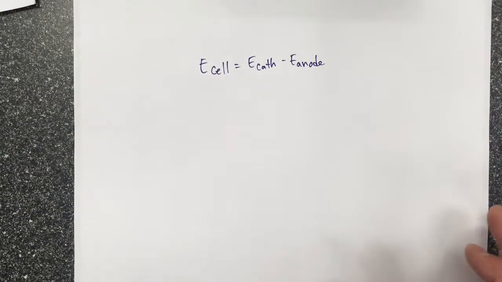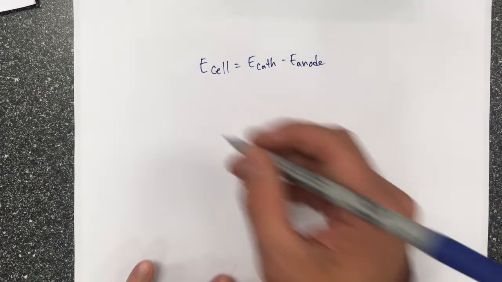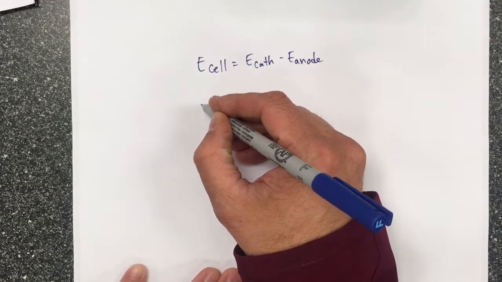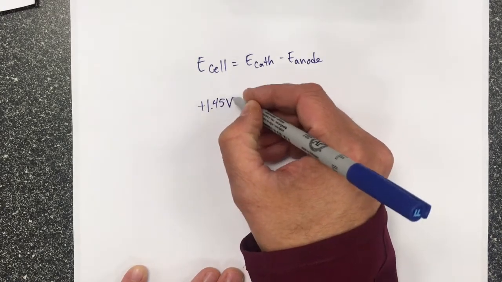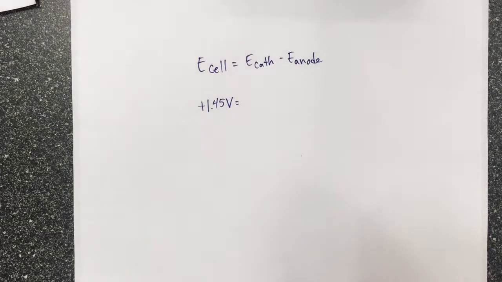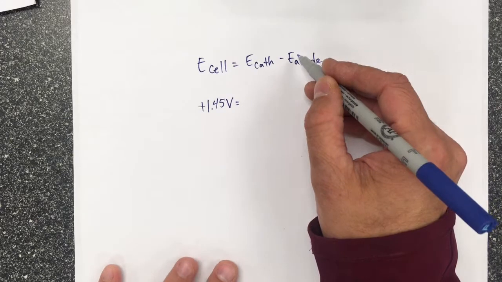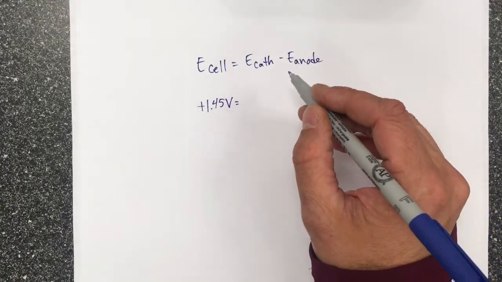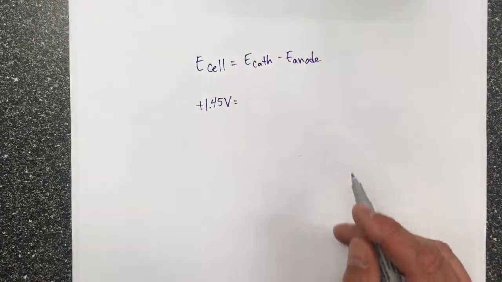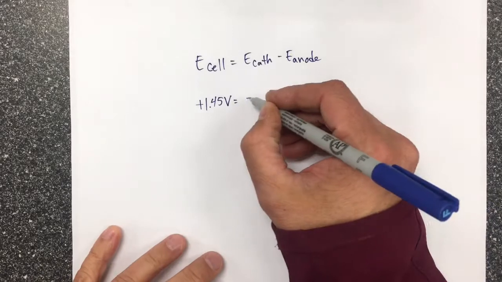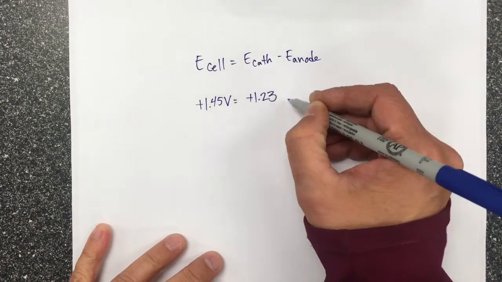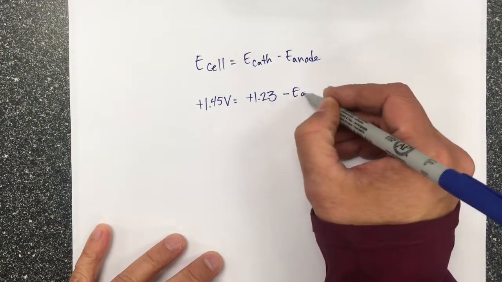Okay, so the first question is asking, if the cell is positive 1.45 volts, what is the reduction potential for the anode? We know that the cell potential is the cathode, positive 1.23 volts, minus E anode.